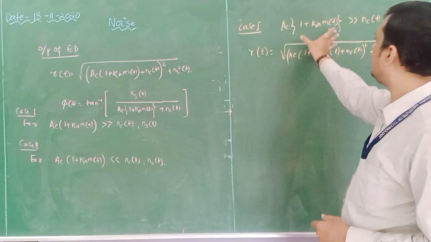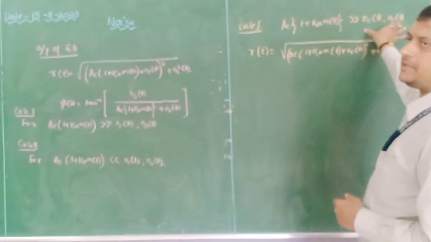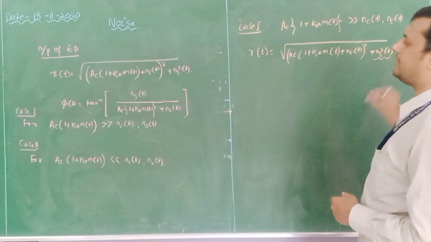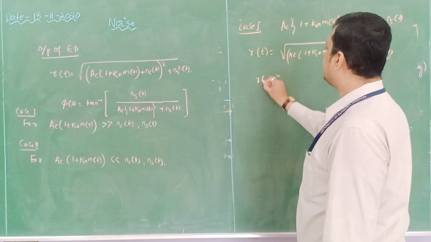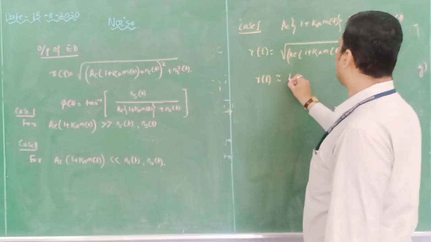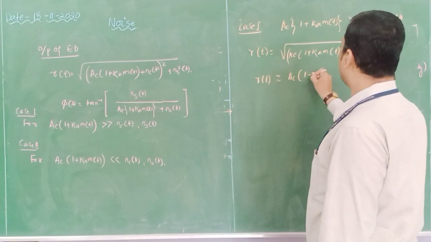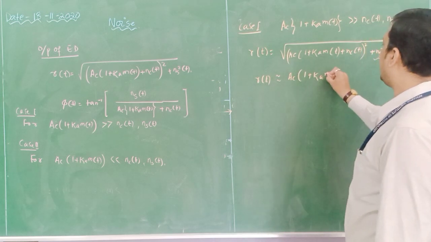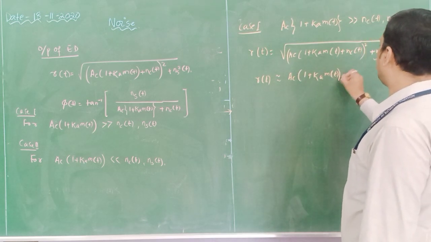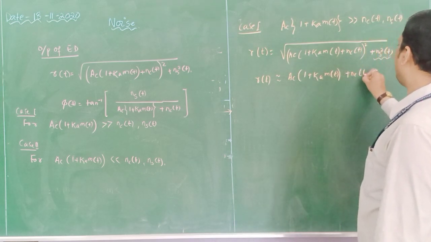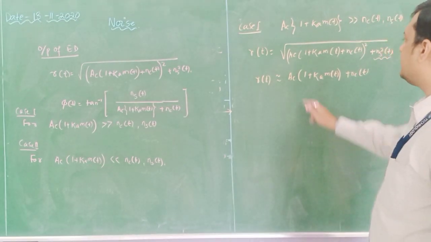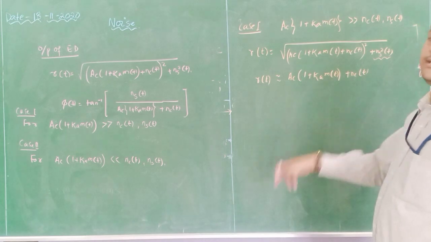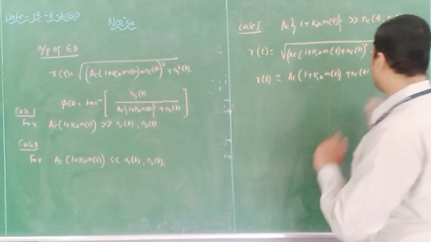Now since this component is greater with respect to this, you can neglect this component. It is a minimum value. So what I will get as r(t) is equal to Ac(1 + Ka m(t)) + Nc(t). This square will be removed. Then again, this component is greater than Nc(t), so you can suppress it.